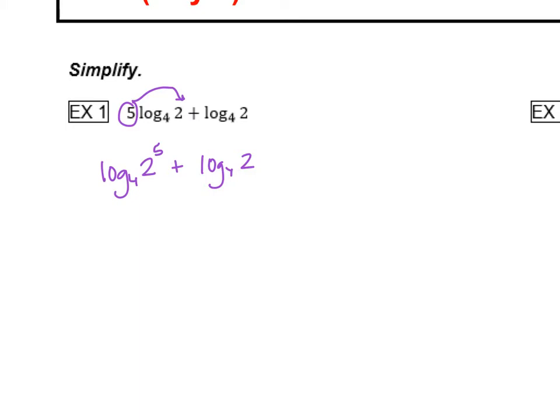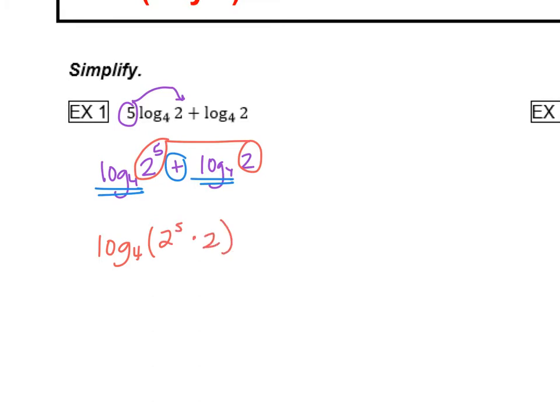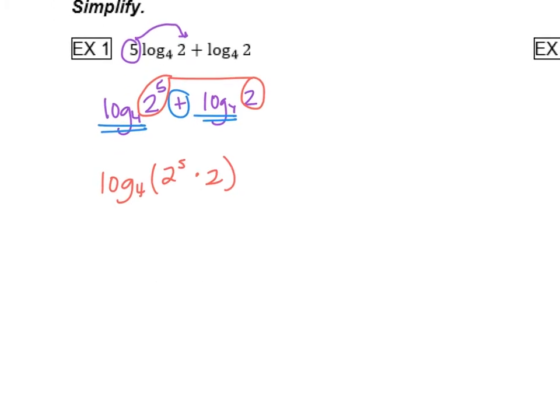Now that we have these two log base 4s, the addition in front means that our 2 to the 5th and our 2 were multiplied. So log base 4 of 2 to the 5th times 2. Now we'll go ahead and simplify.